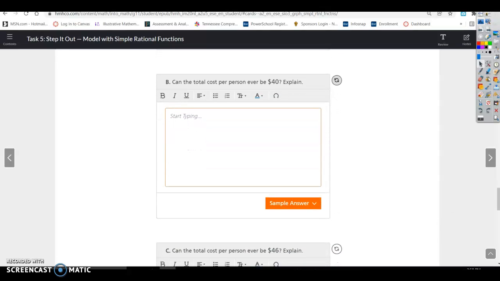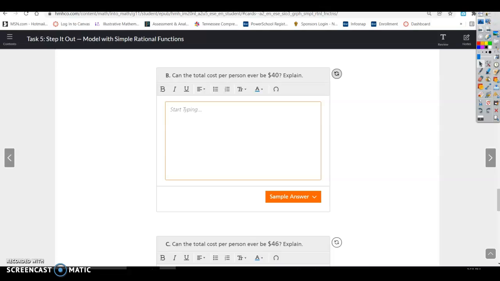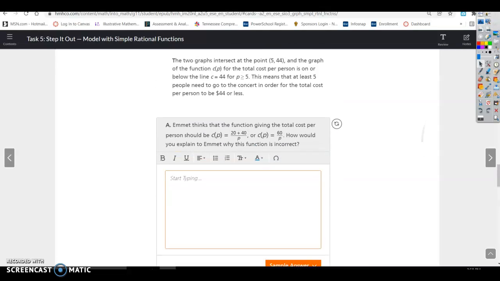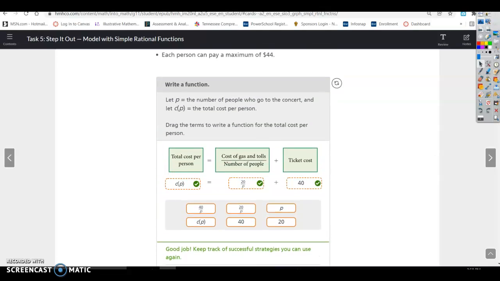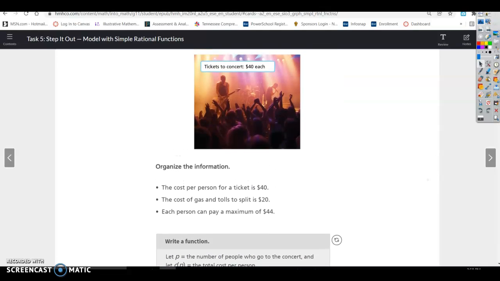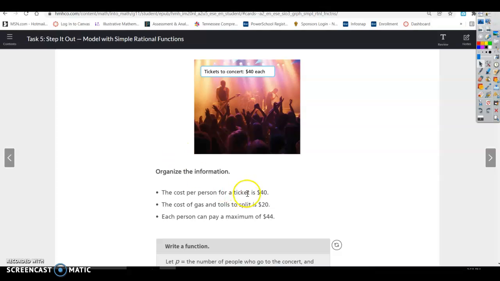All right, it says, can the total cost per person ever be $40? The ticket alone costs $40. So the only way that each person would pay $40 is if they walk to the concert and don't have to pay gas or tolls. If they drive to the concert, no matter how many people go, they're still going to have to split that cost.